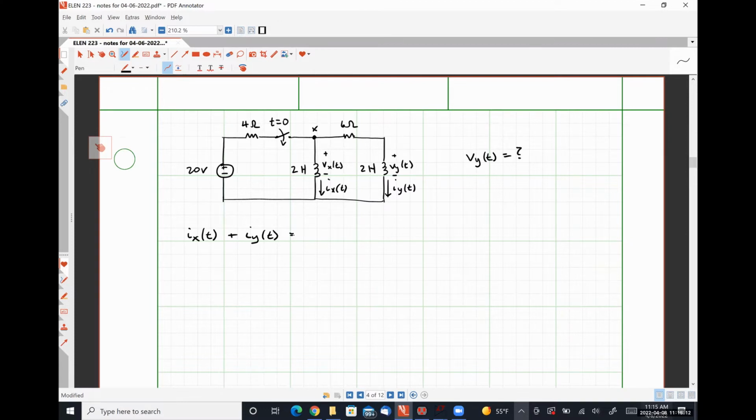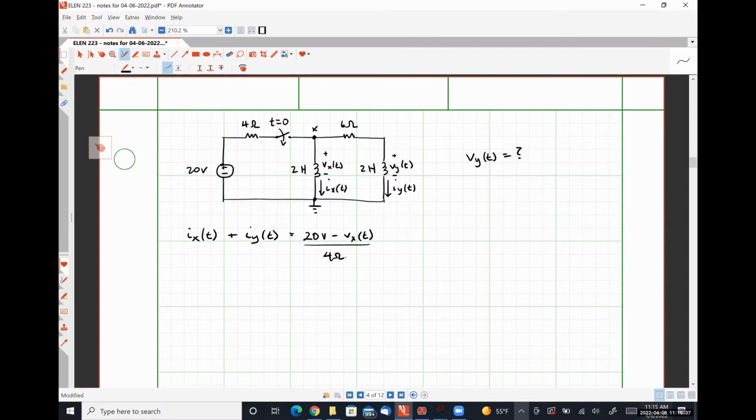Okay. We are treating effectively this node as a reference node. We don't have to because we get the exact same result if we just did KVL around that loop to find the current flowing through that portion. So 20 volts minus Vx of t over 4 ohms.